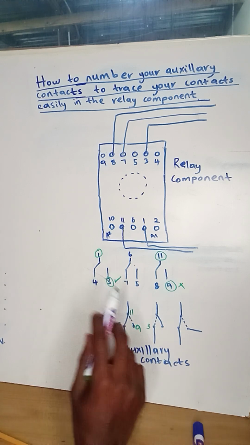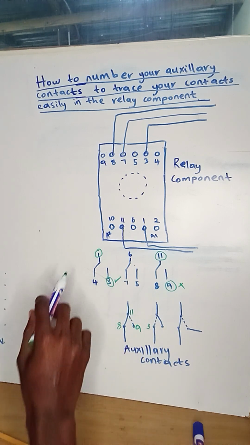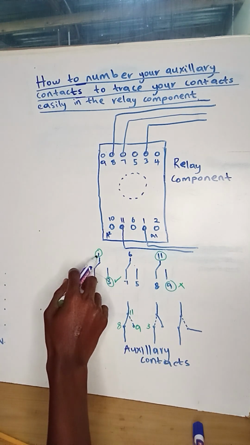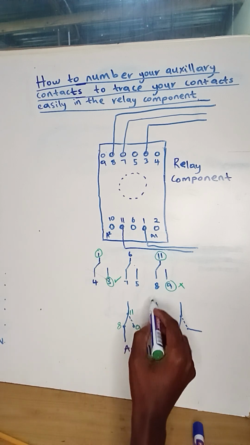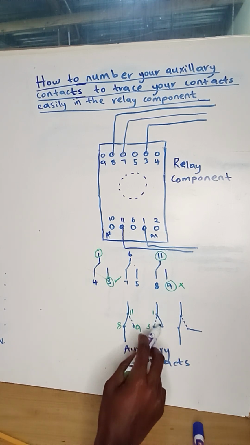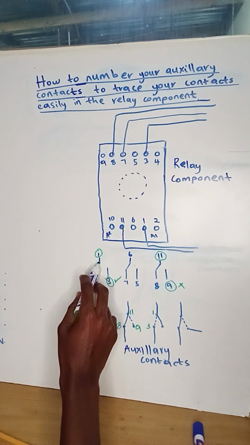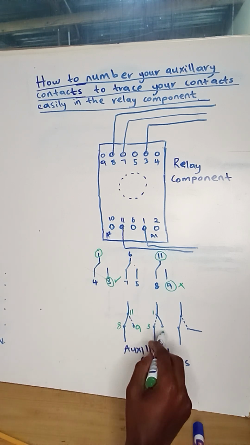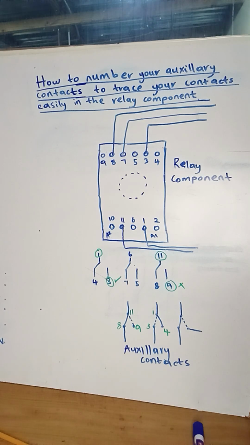Always remember that the top point is your common. So my common is this top point, which is number 1. And the close contact, which is the right hand side, is number 4. So that's how you number your auxiliary contact.